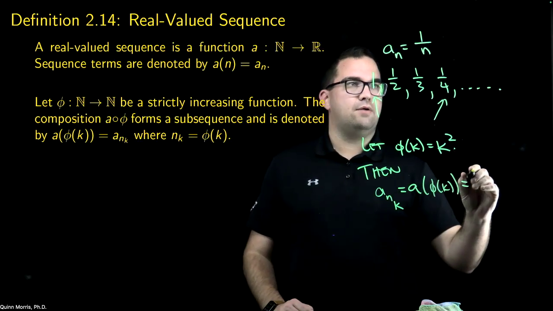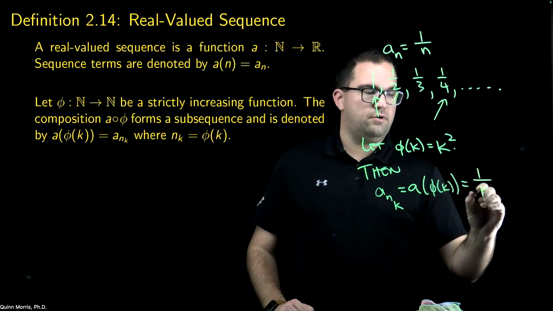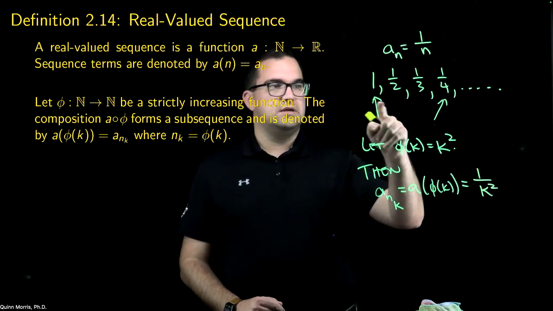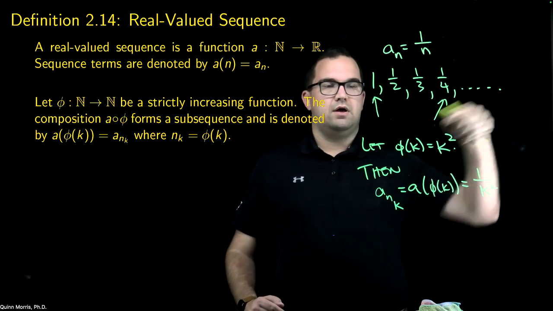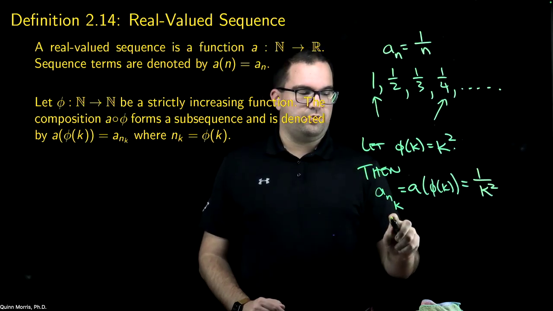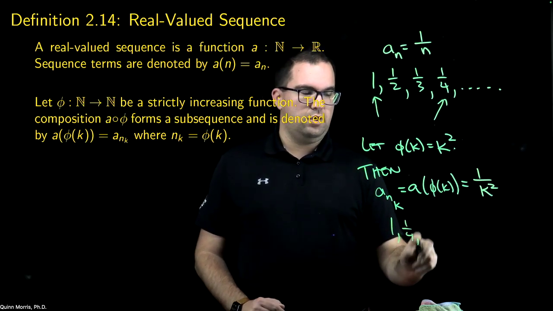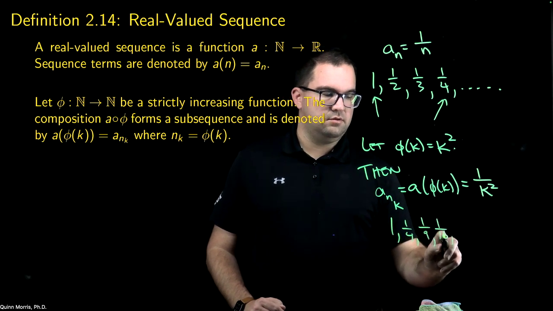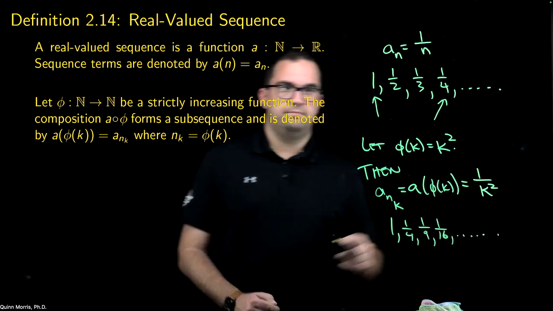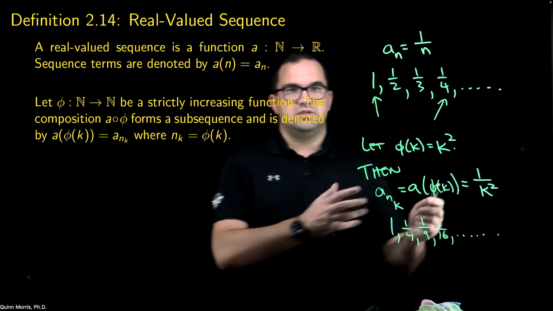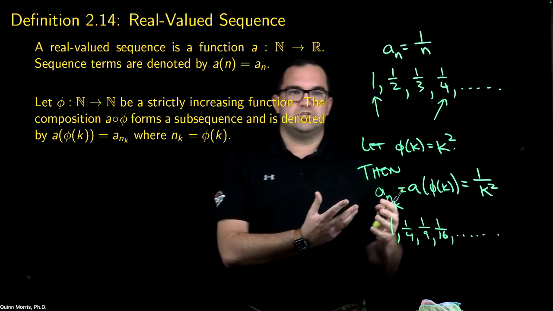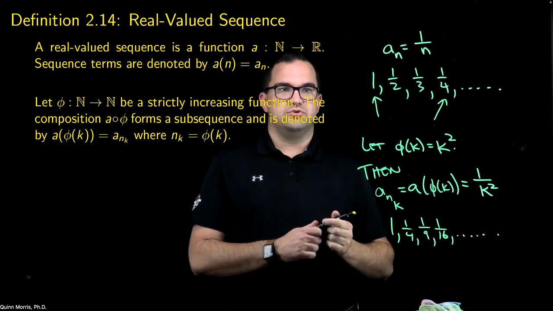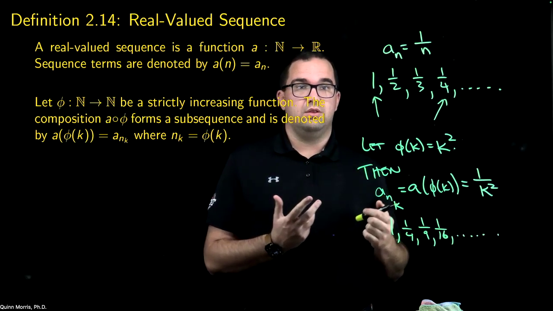Plugging that in here, I would get 1 over k squared. So this would just give me the subsequence that picks out all of the denominators that are perfect squares. So this would give me 1, 1/4, 1/9, 1/16, and so on. This idea of a subsequence is really just a way to pick out certain values of your sequence, but not necessarily all of them.